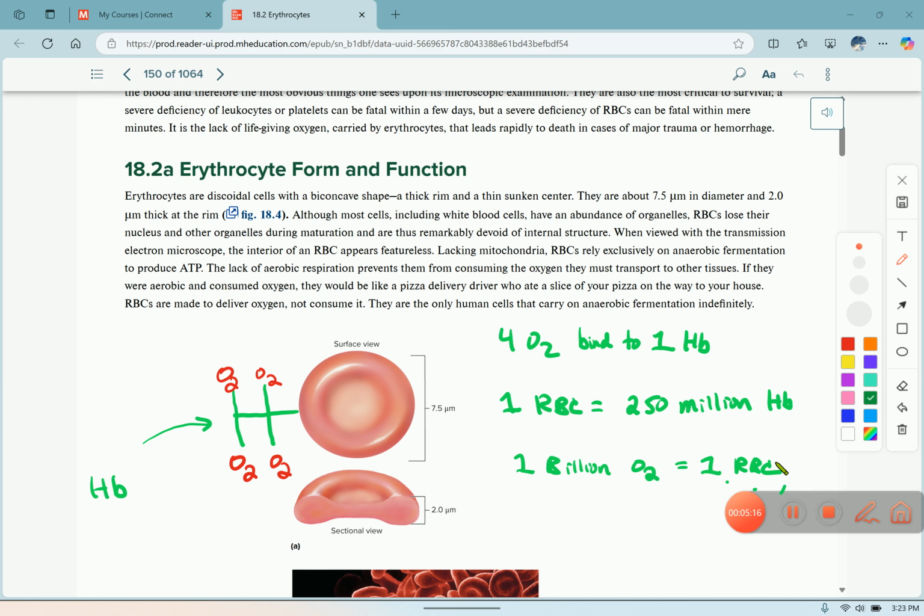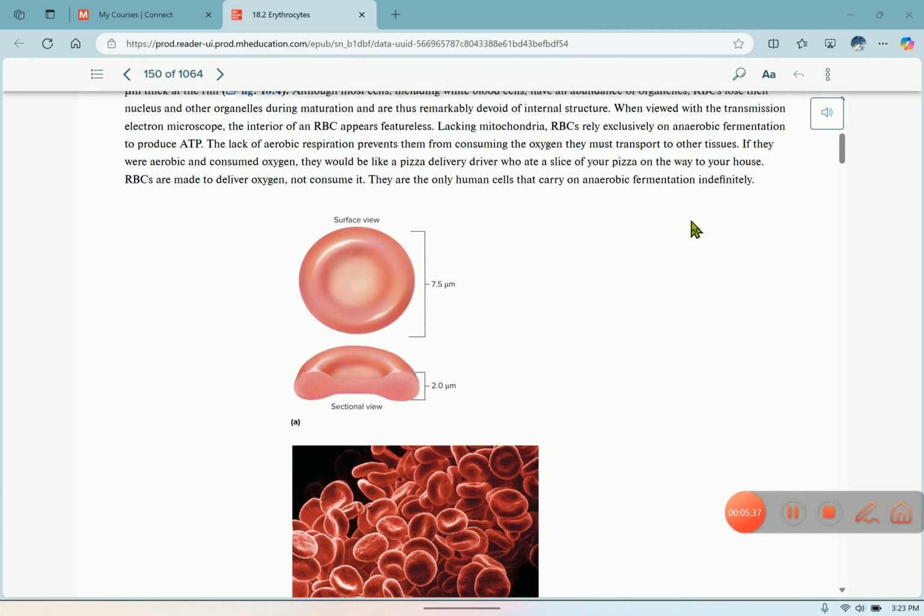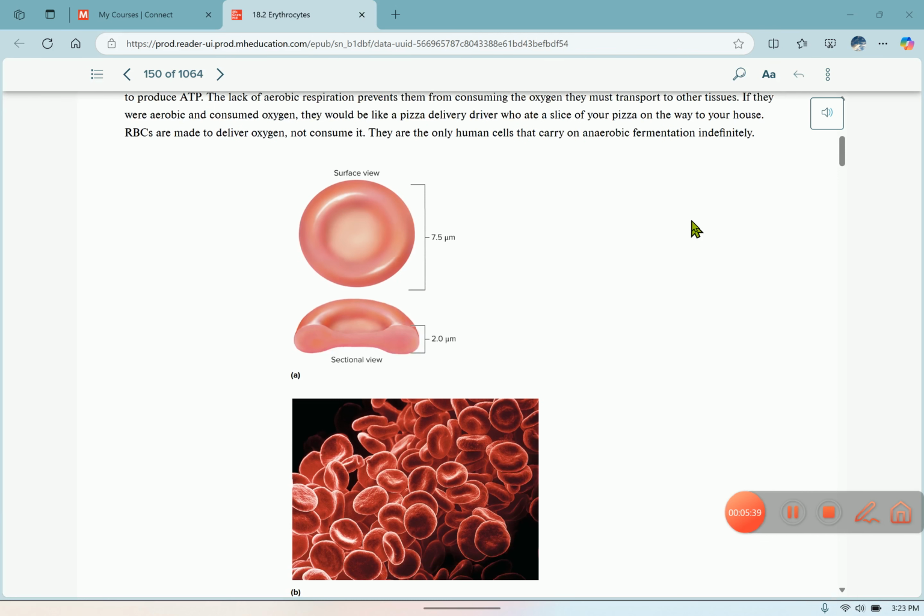We have a lot of red blood cells in our body. The average person makes about 500 billion red blood cells per day. 500 with a B, 500 billion red blood cells per day. Now a red blood cell lives about 120 days.